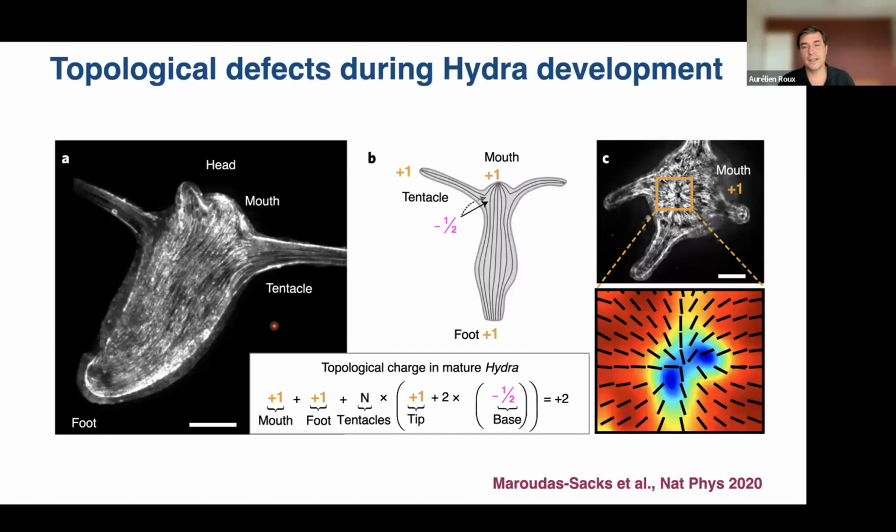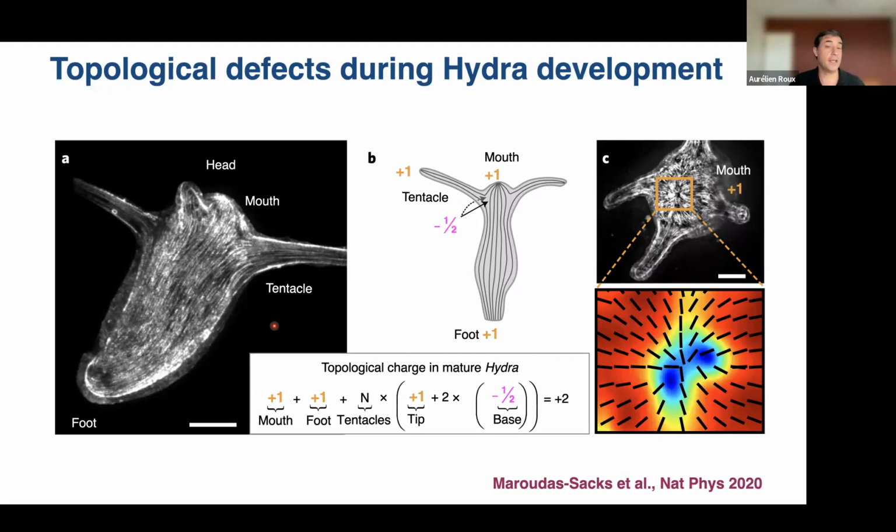One of these systems, which I'm going to talk about later in the talk, is the Hydra. The Hydra is a very simple animal that you probably know. It's diploblastic, so it has two layers of cells. I'm going to come back to this later. If you look at the ectodermal layer, which is the skin of the animal, and at the actin structure in it, you find this beautiful order of actin fibers.